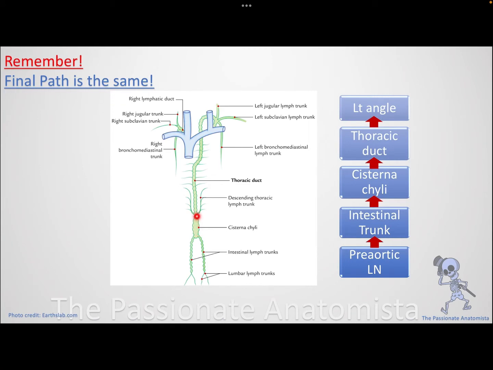And that continues up as the thoracic duct, and eventually we need to drain into the angle of union of the left internal jugular vein and subclavian vein. Okay, so this final path is the same for all of your organs of digestion.